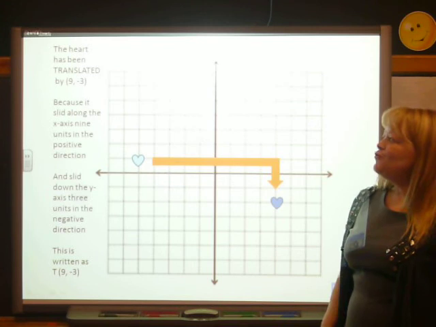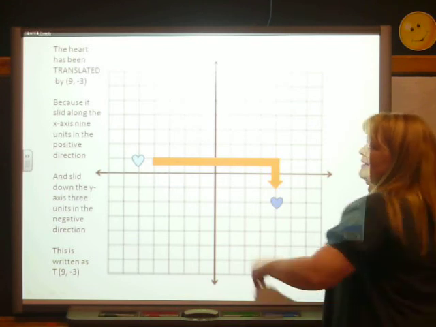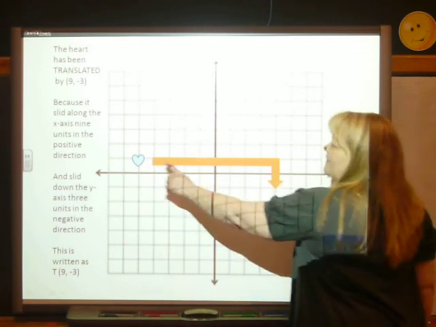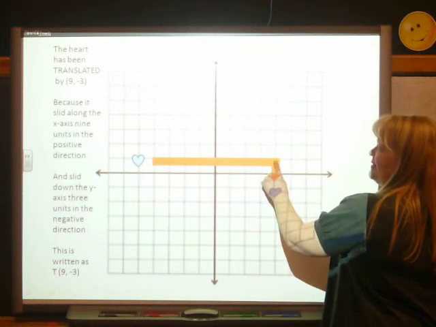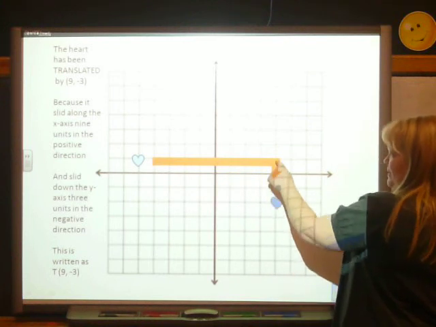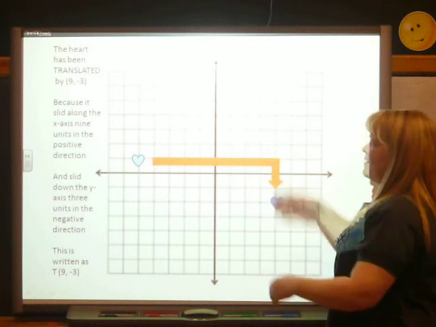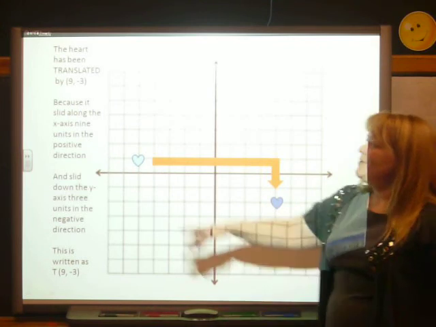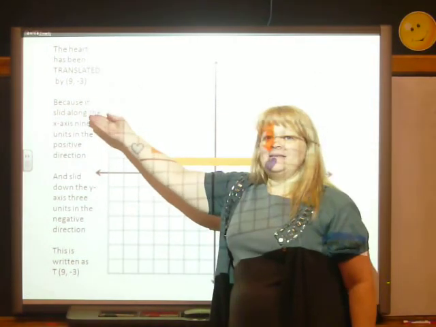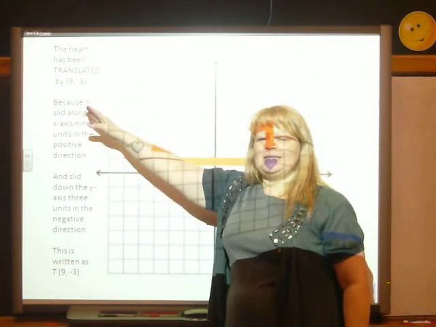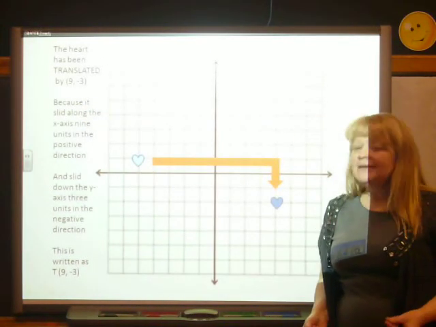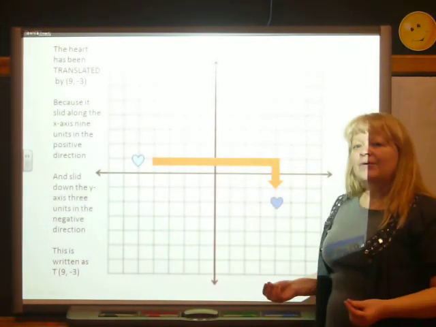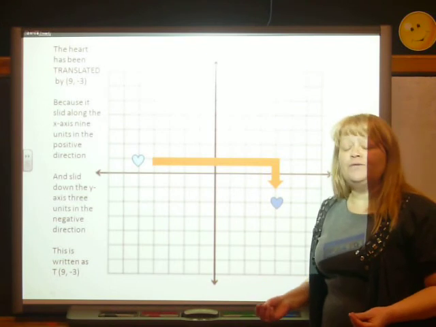So, it has been translated 9 along the X-axis, 1, 2, 3, 4, 5, 6, 7, 8, 9, and it went down 3, 1, 2, 3, along the Y-axis. So, the heart has been translated 9 in the X direction and -3 in the Y direction. This is, again, not its position, but how it was translated, how it was moved.